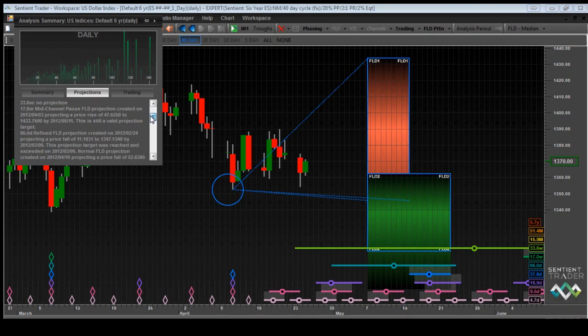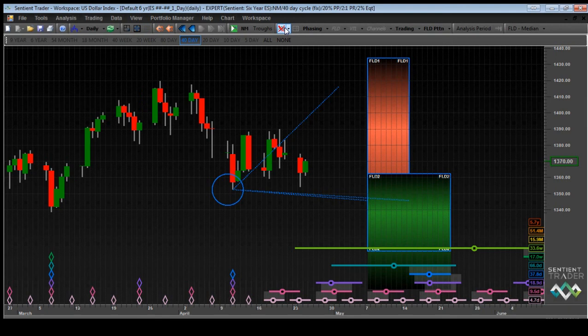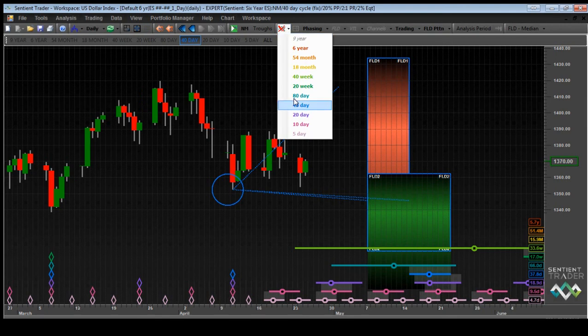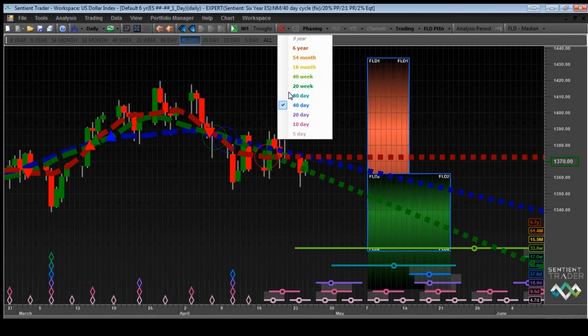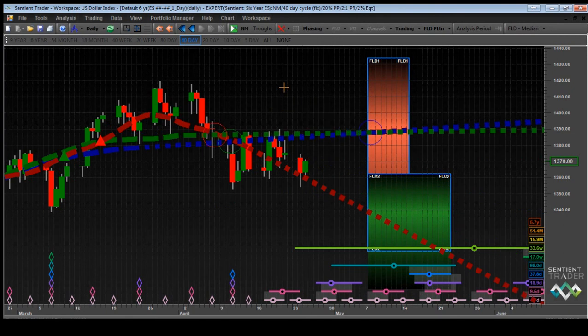If you go to View, Show the Analysis Summary panel, you can see a list of projections there. And you'll see mentioned there normal FLD projections. Normal FLD projections are projections that are caused by price crossing an FLD. It's very simple. You'll also see mentioned there refined FLD projections. What are refined FLD projections?